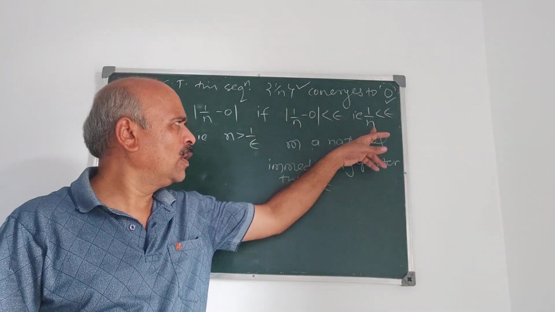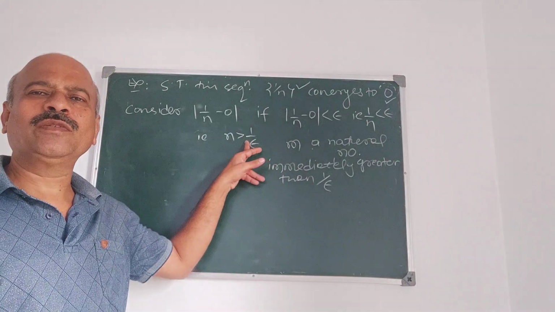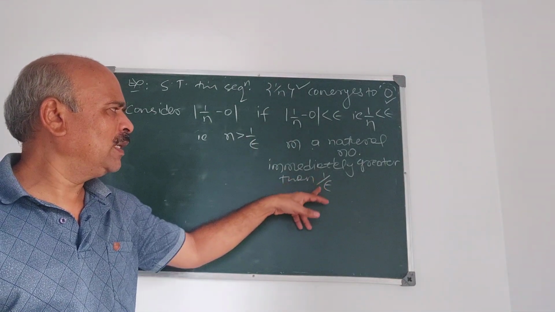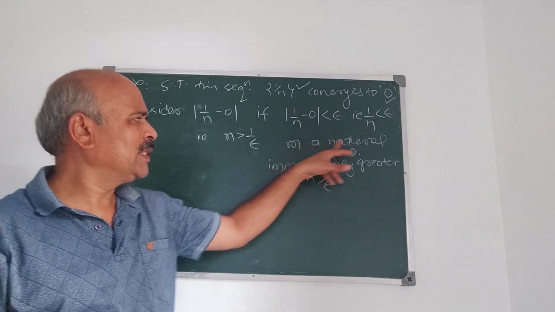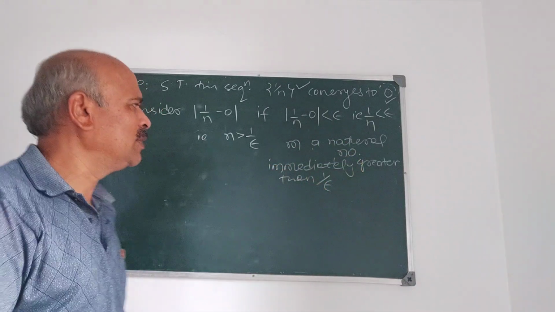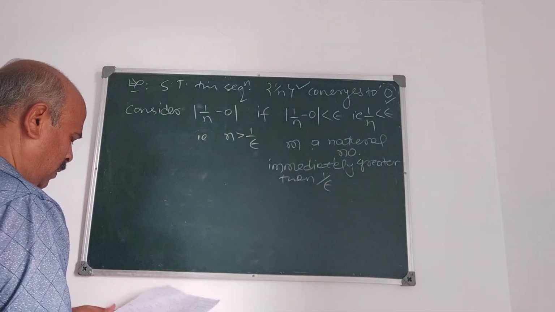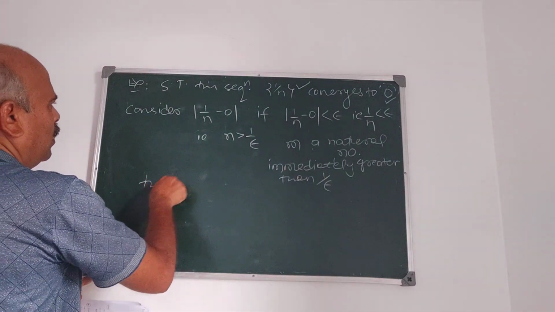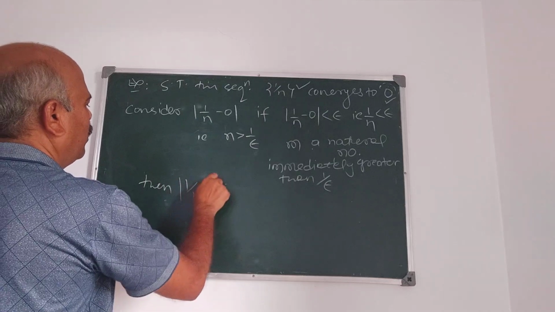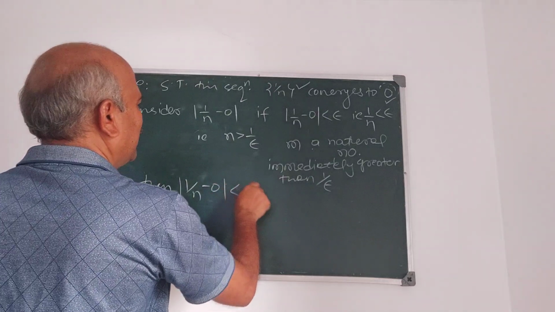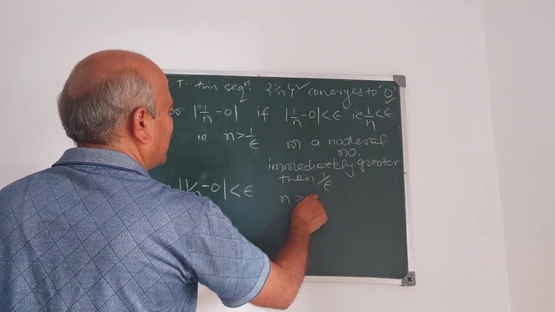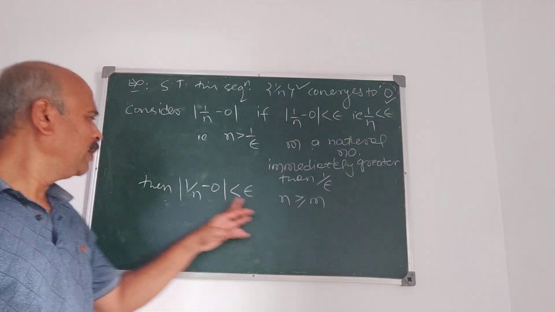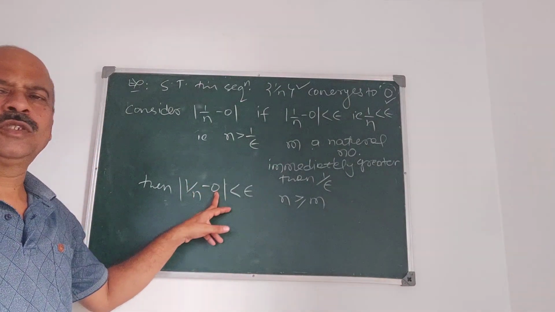Then 1 upon epsilon is a large positive integer. We choose m as a natural number greater than 1 upon epsilon. Then mod 1 upon n minus 0 is less than epsilon for all n greater than or equal to m. Therefore, 1 upon n converges to 0.